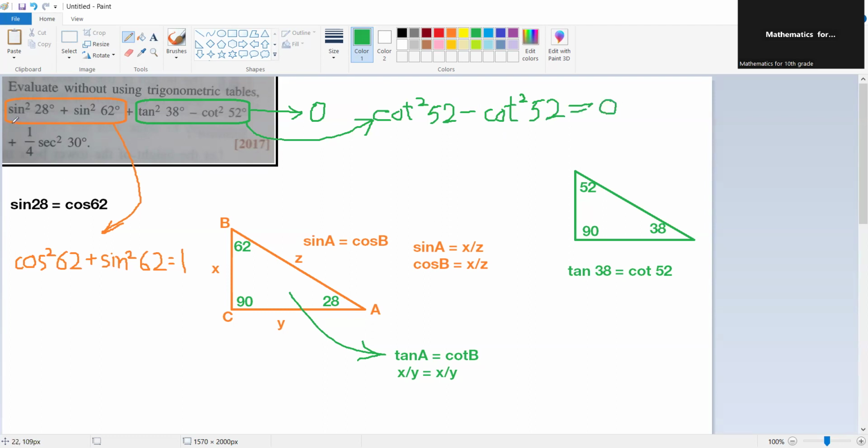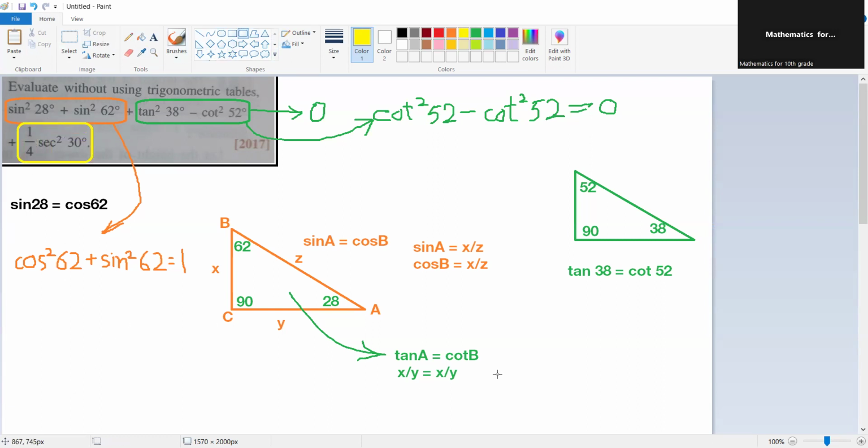So first one is cos square 62 plus sine square 62. This is 1. Second one is 0. And the third one, what is sec square 30?